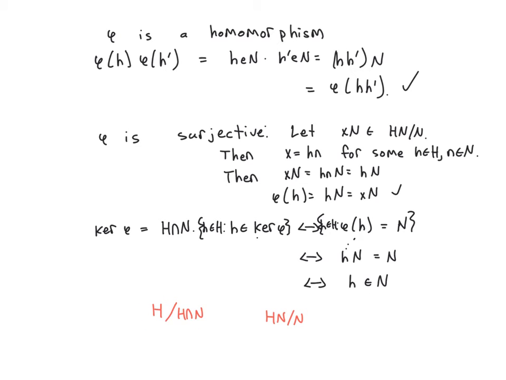Particularly since the latter also requires more work, because then you actually have to show that this is a group by showing that this is normal. So this approach has the advantage of avoiding that extra work.